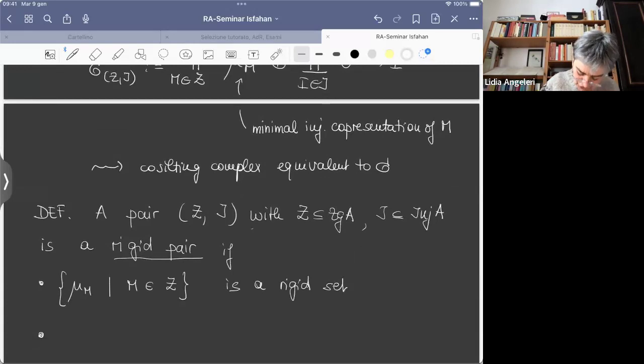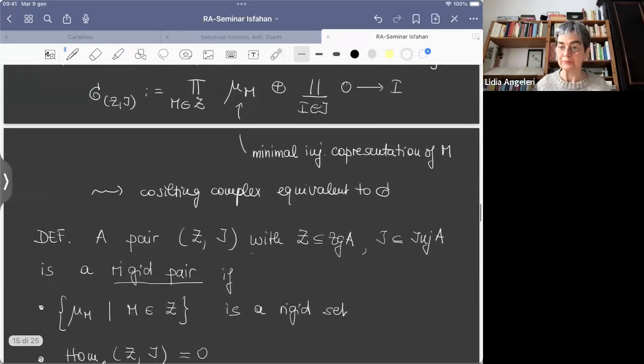And the second condition is that Hom(Z, I) is 0, which is the same as saying that the μ_M's together with these complexes 0→I form a rigid set.